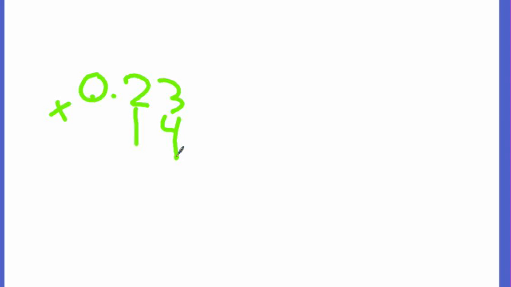Okay, so the estimate for 23 would be 20. So it would stay 0 because 2 stays the same.